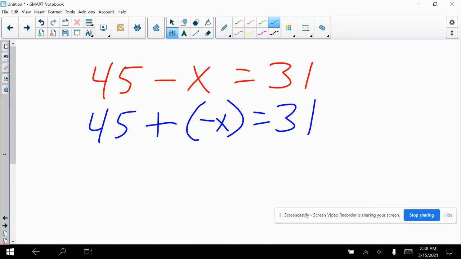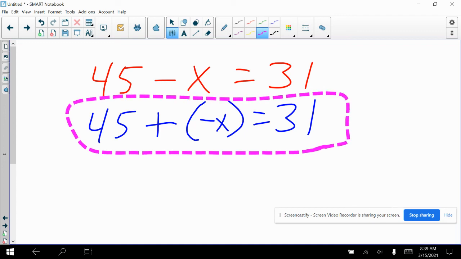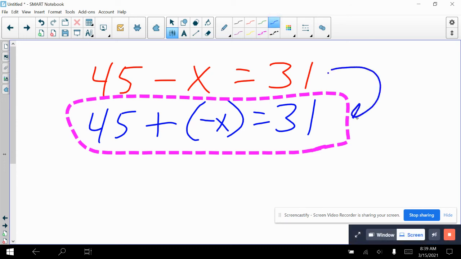Okay, and if you do that, this is what it looks like mathematically. If you need to write that down, you might want to write that down. Some people can't go from here to there. Because when I say this variable is negative, some of you look at me like, what? That's a subtraction sign. Yes, it is. You're right. But it's also negative.